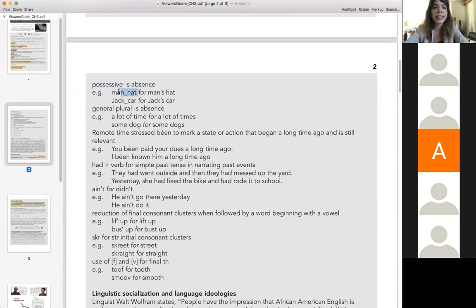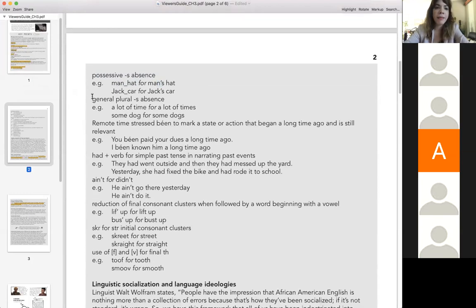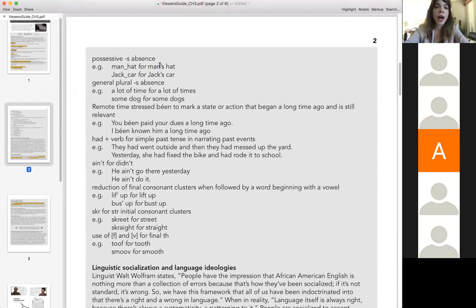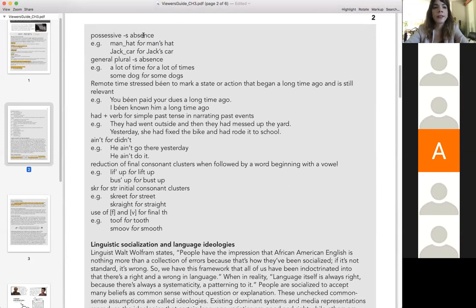So when we want to indicate that someone or something owns something else, we use apostrophe S in standard English. But African Americans, they drop that S sometimes. So man hat for man's hat, Jack car for Jack's car. And they still understand each other.